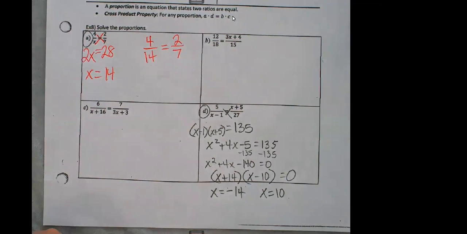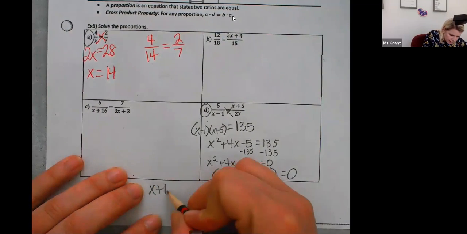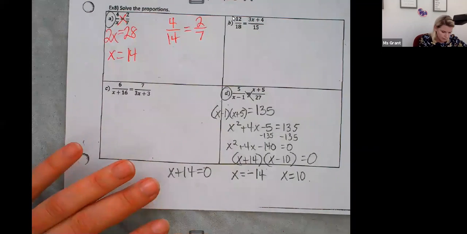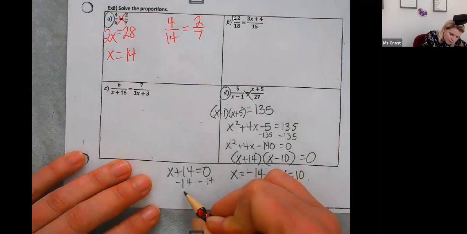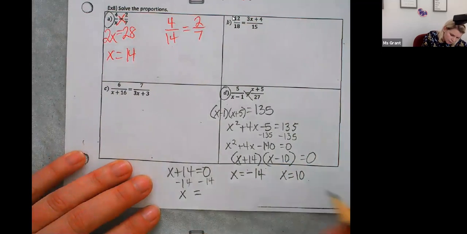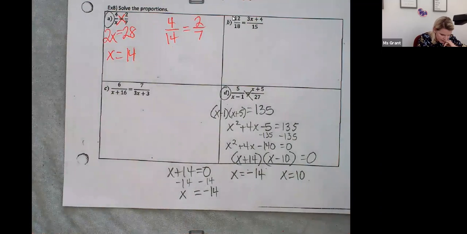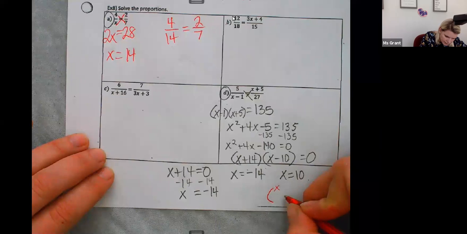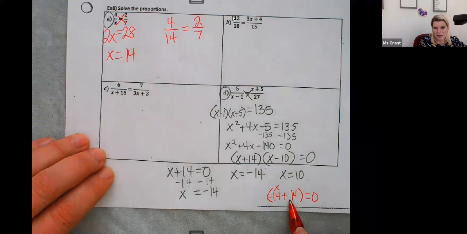Why do we make 14 negative again? Because when I do x plus 14, I set each value equal to 0. It's called the zero product property. When I solve for x, I have to subtract 14 from both sides. And think about it. If I have this parentheses, something plus 14 equal to 0, only negative 14 makes a 0, right?